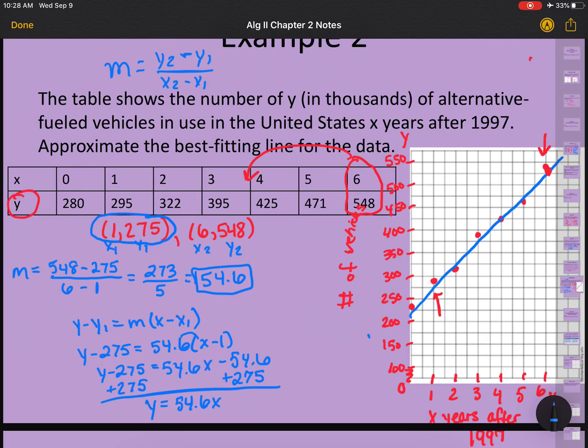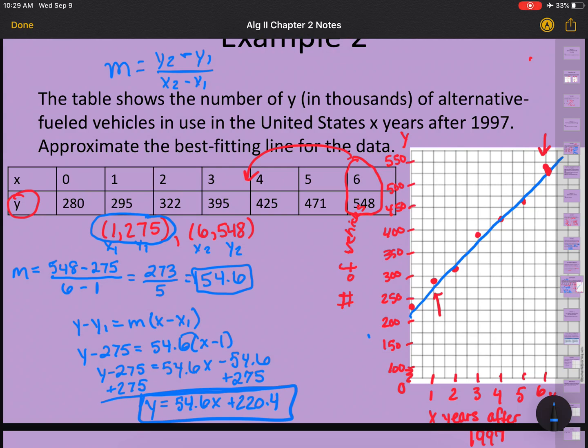So negative 54.6 plus 275 is going to be 220.4. So this is our equation for this blue line in our graph that best fits the data of our scatter plot, excuse me. Okay, so we did this all by hand.